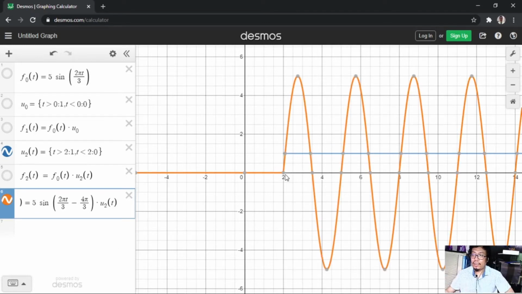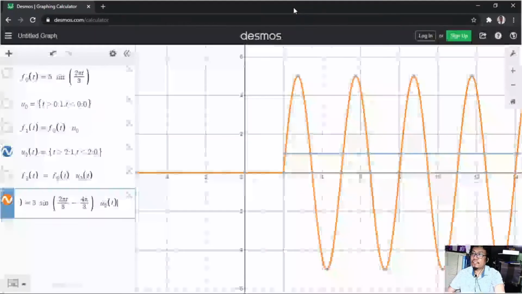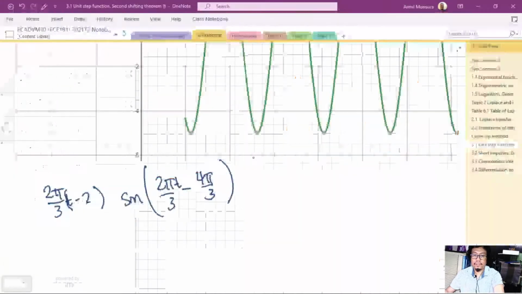So essentially now, at t equals 0, let's copy this as a screenshot and paste it here.